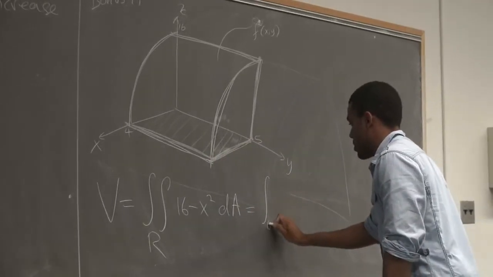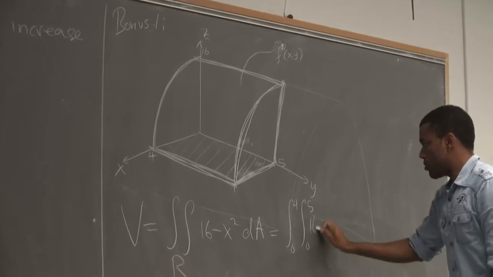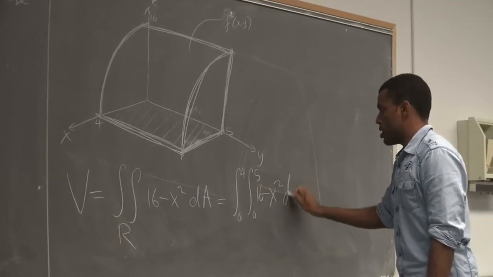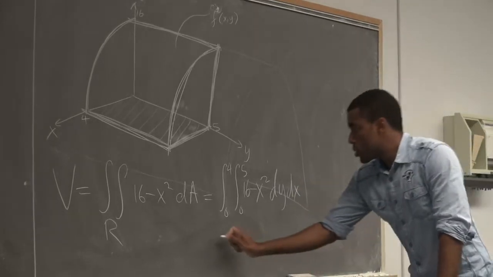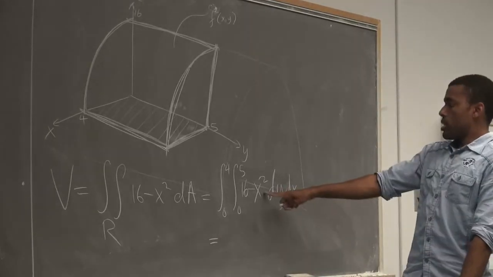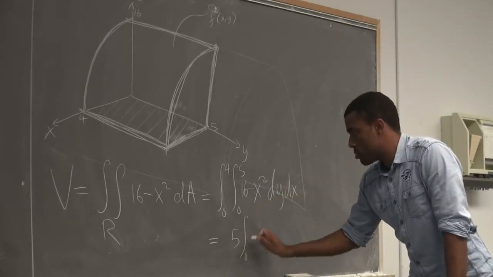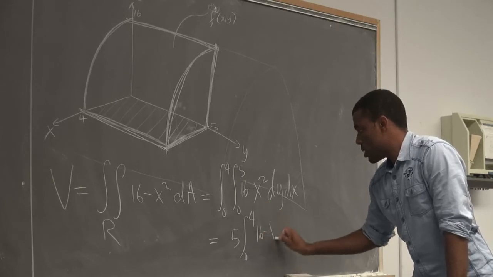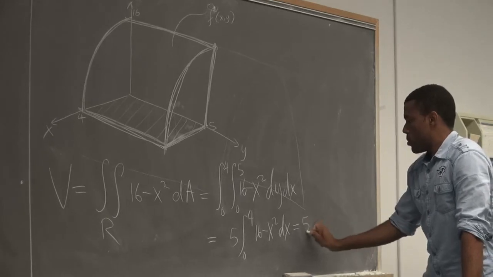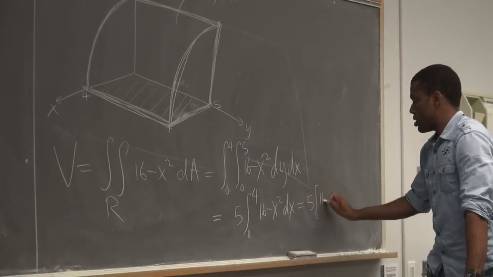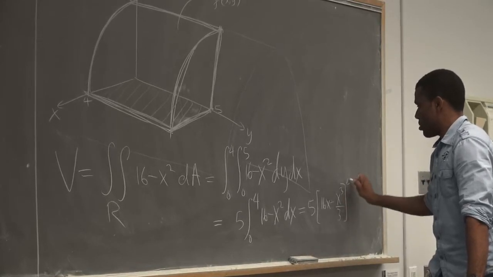There are constant limits, so it really doesn't matter what we do first. So 16 minus x squared dy dx, right? When you integrate that, you get y, you plug in 5 minus 0, so you just get 5 times the integral from 0 to 4 of 16 minus x squared dx, which is 5 times 16x minus x cubed over 3, from 0 to 4.